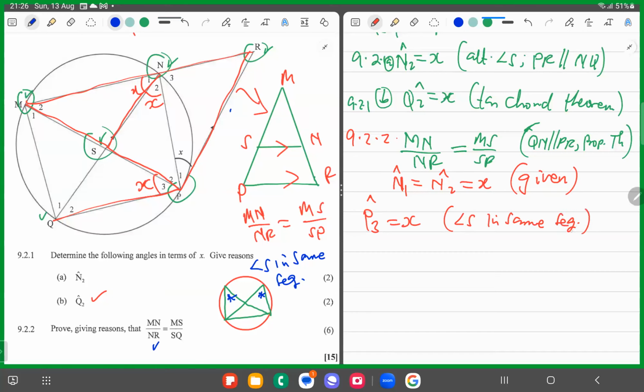So this diameter that is through the center is produced, you extend it, to C. And AC is a tangent to the circle at B. So this AC touches the circle at the point B.